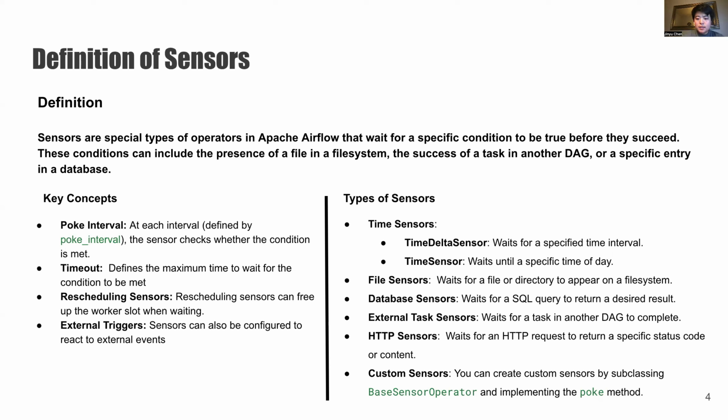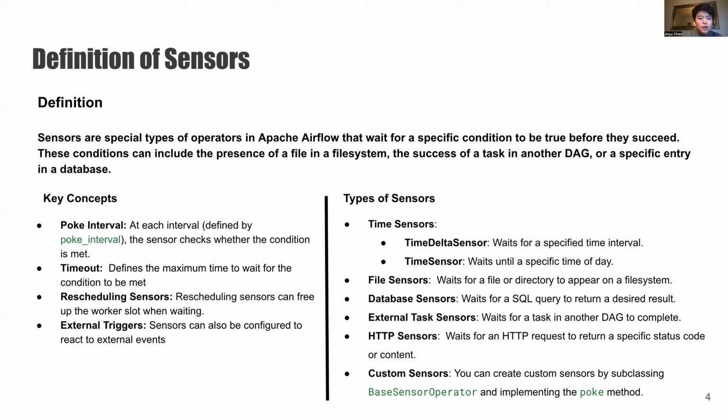Otherwise, it waits and pokes again until it either succeeds or times out. Another one is timeout. A sensor has a timeout parameter which defines the maximum time to wait for the condition to be met. If the timeout is reached, the sensor will fail, and the task will be marked as failed as well.